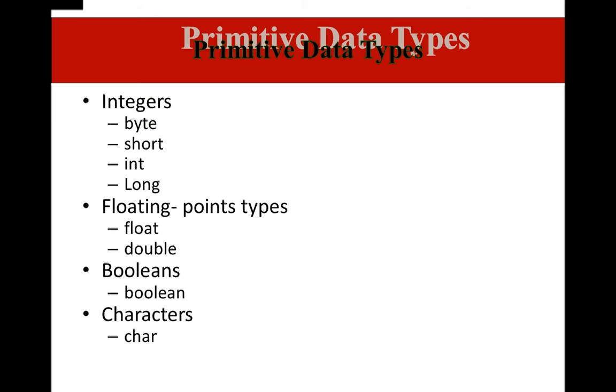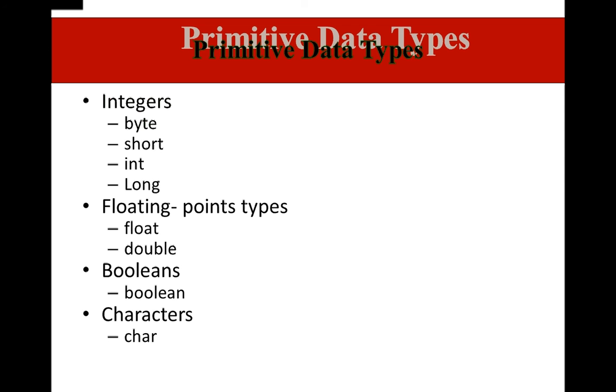There are four classifications as far as data types are concerned: integers, floating point types, booleans, and characters. Integers handle rounded numbers. We have four different data types to handle these: byte, short, int, long.